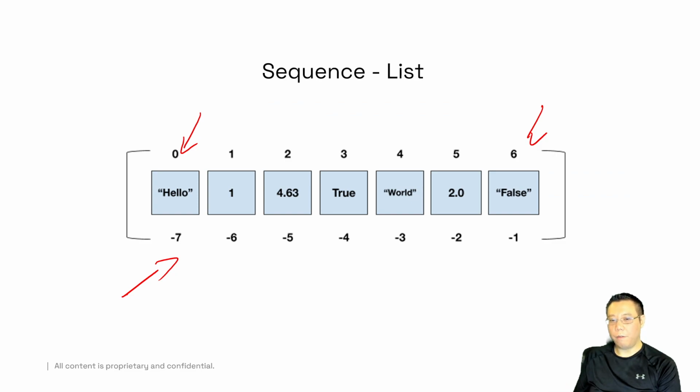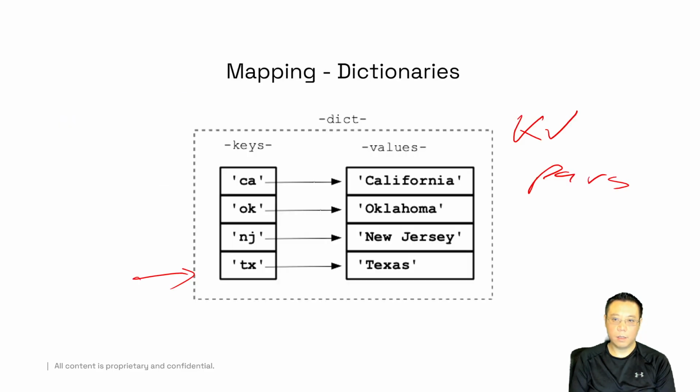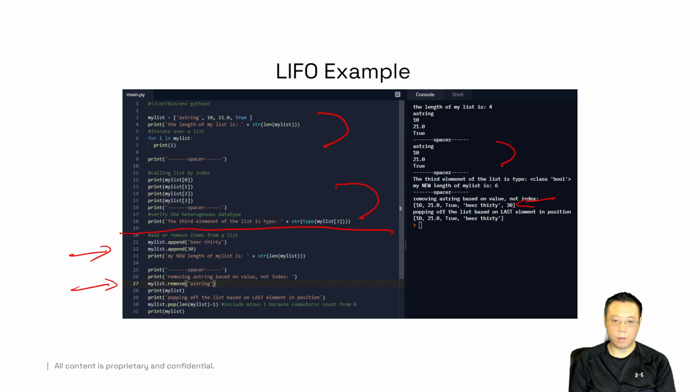If I wanted something from the front and I didn't know exactly what it was, I didn't know this was hello, I could use negative length of the list, which is instead of a -1, it's a +1. Let's go back to our queue. Ignore everything else.